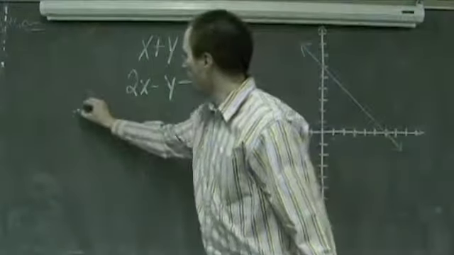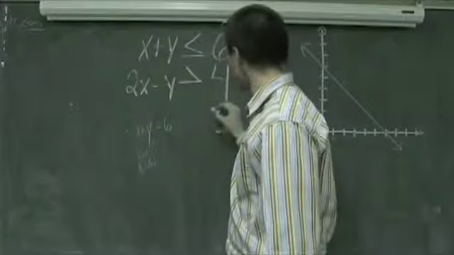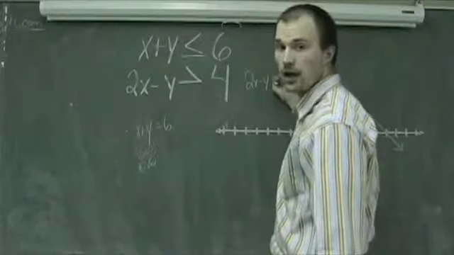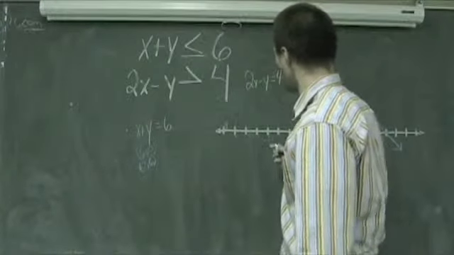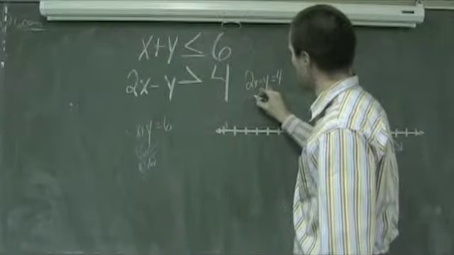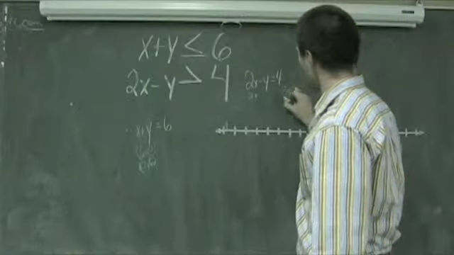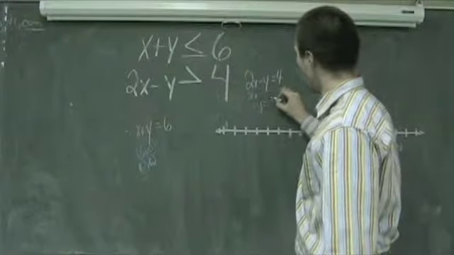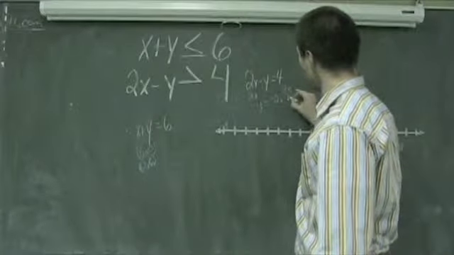inequality, I'm going to first write it as an equation. So here is 2x minus y being equal to a positive 4. I subtract 2x from both sides. I find myself with the opposite of y is equal to negative 2 times x plus 4.